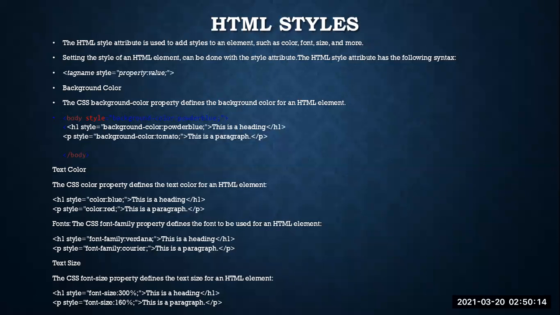So I said the HTML style attribute is used to add style to an element, such as color, the font size, and more. Now, setting the style of an element can be done with the style attribute. The element style attribute has the following syntax. So you have the tag name of the document that you have.